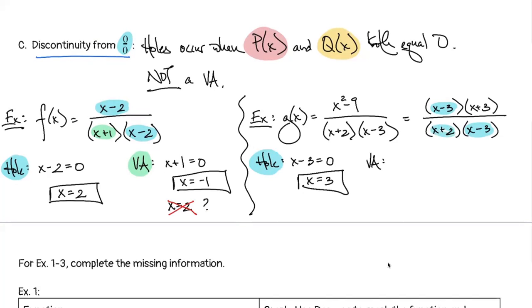All right, so in keeping in line with our previous question, maybe we could say that there's a vertical asymptote at x plus 2 equals 0 or x equals negative 2.